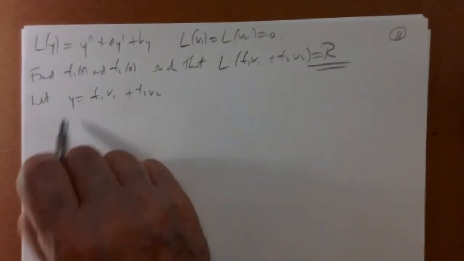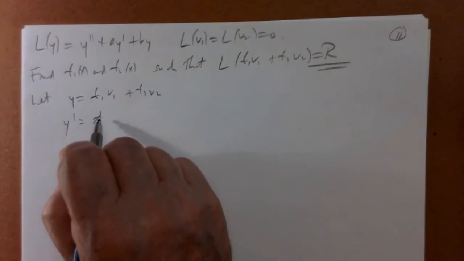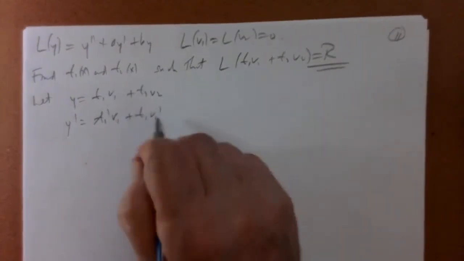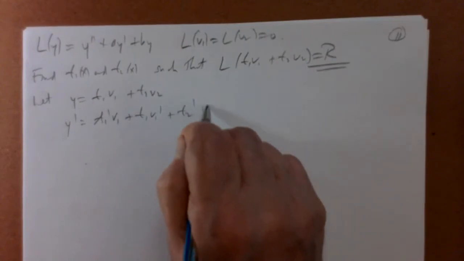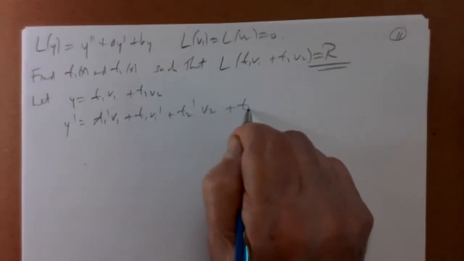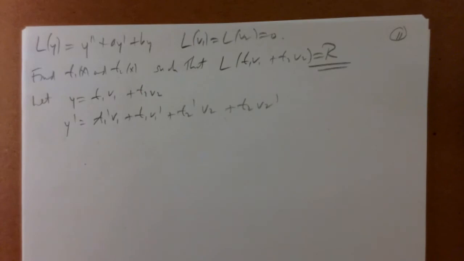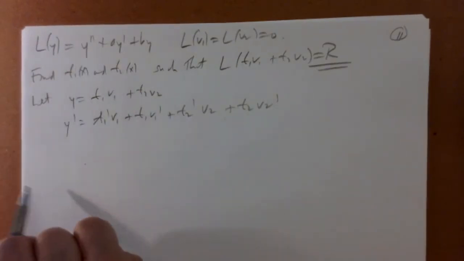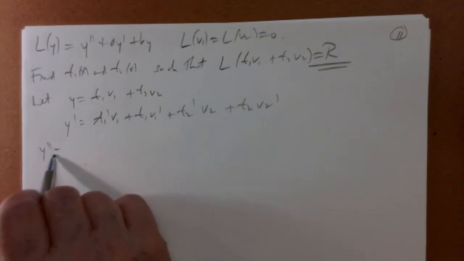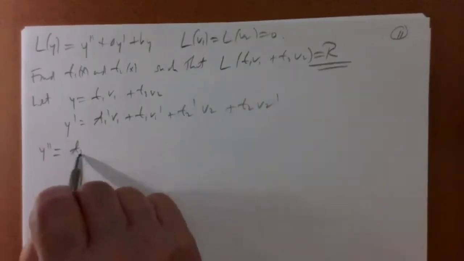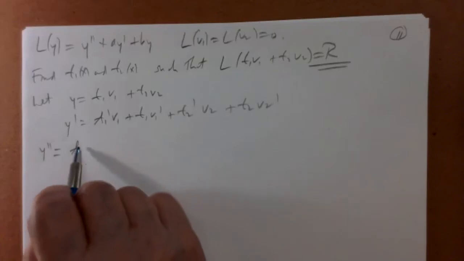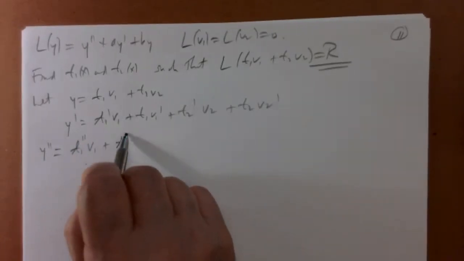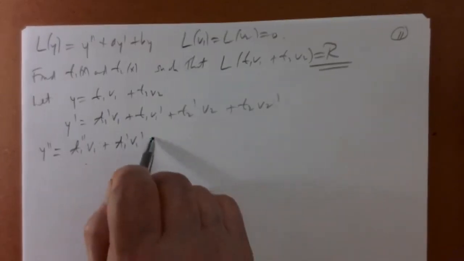So we let y be this function t1 times v1 plus t2 times v2. If we differentiate, y' is t1' v1 plus t1 v1' plus t2' v2 plus t2 v2'. We need the second derivative because this is a second order differential equation. So y'' is, again, we're just using the product rule, t1'' v1 plus t1' v1'.